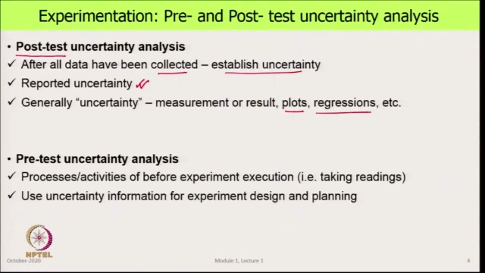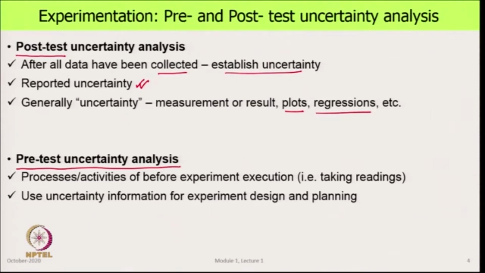But there is another phase which is before we even make the setup or during the assembly of the setup, that uncertainty analysis is very helpful, and that is called pre-test uncertainty analysis. So, this is the stage where we have not yet designed the setup, we are in the process of selecting parameters, we are in the process of selecting instruments, and we are also deciding how many readings to take, how to take, in what sequence to take.